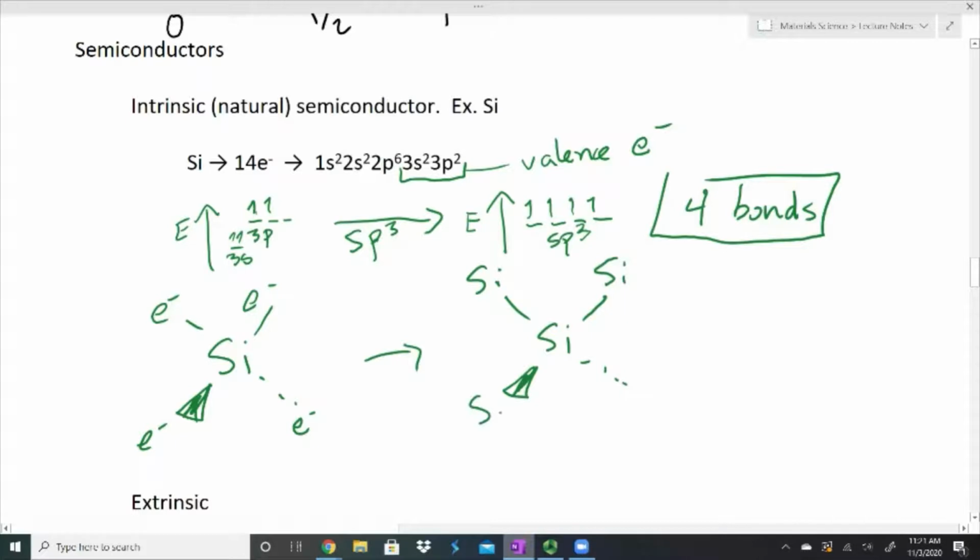And we end up getting this 3-dimensional shape. If I add a little bit of thermal energy, and I have a potential, if I go ahead and try to push some more electrons in here, I put a voltage on here, what's going to happen is some of these electrons are actually going to become mobile.